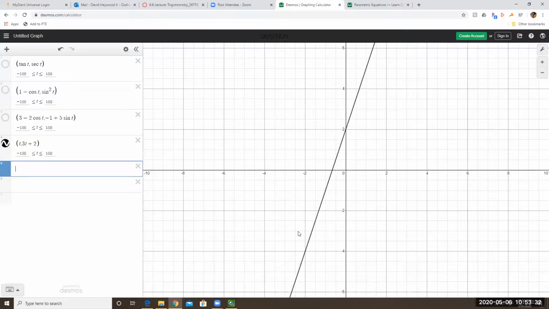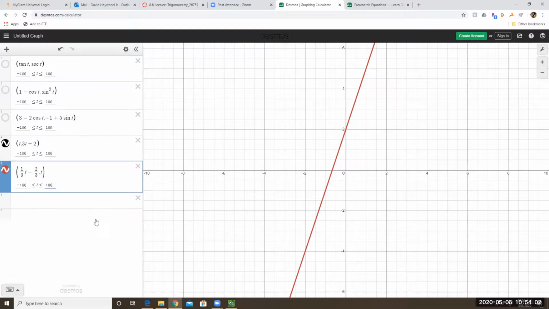Okay, so there's that one. Now here's the second one we came up with. It was 1/3 t minus 2/3, comma t. This one's in red, but you'll notice that it's the same line. If we go from negative 100 to 100, then yeah, it covers exactly the same thing.